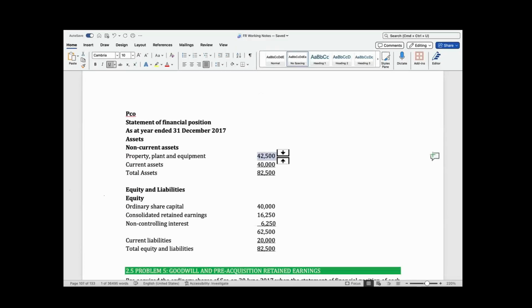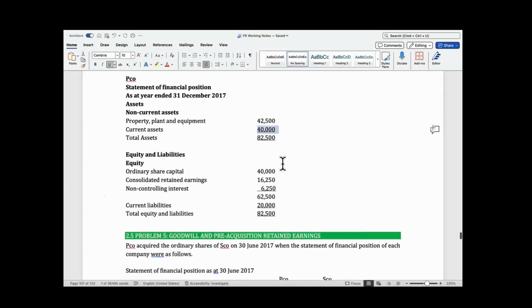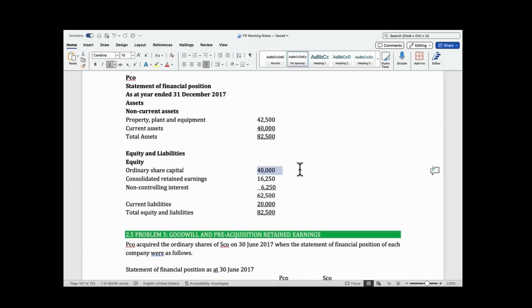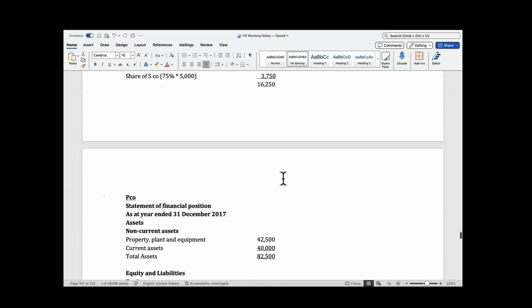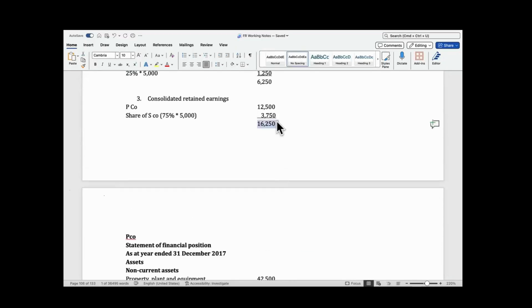So for PPE, I added the parent and the subsidiary together. Current assets, same. Share capital is just the parent alone, because that of the subsidiary has been cancelled out. The balance is now NCI. Then retained earnings from my workings, 16,250. I already worked it out.